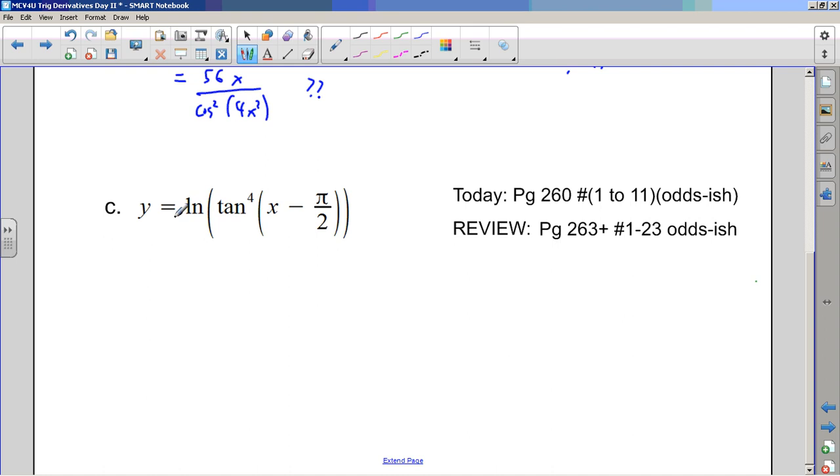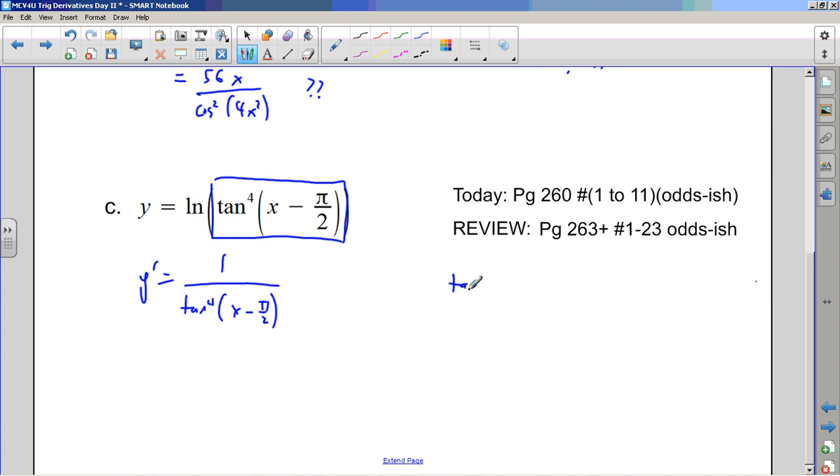All right, that's a pretty nasty chain rule, chain rule, chain rule. So let's try it. The derivative of the first outside thing, the derivative of the box, is 1 over the box. And then the derivative of the box is, well, notice that I have inside here the tan of the bracket to the exponent 4.